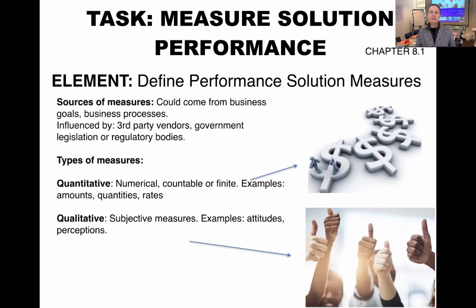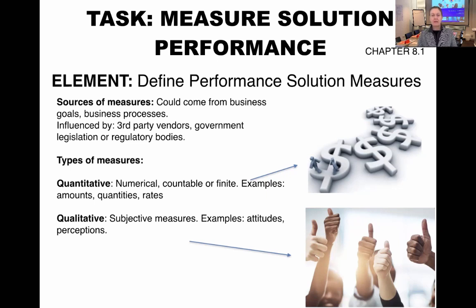Now, once you've determined some places you could go to find some of the most relevant performance measures to measure your solution with, you need to also know that there are 2 distinct types of measures. You get the quantitative measures and the qualitative measures. You may have heard about this before, but a quantitative measure is simply a type of measure that you can typically measure in a numerical or countable or some finite way.